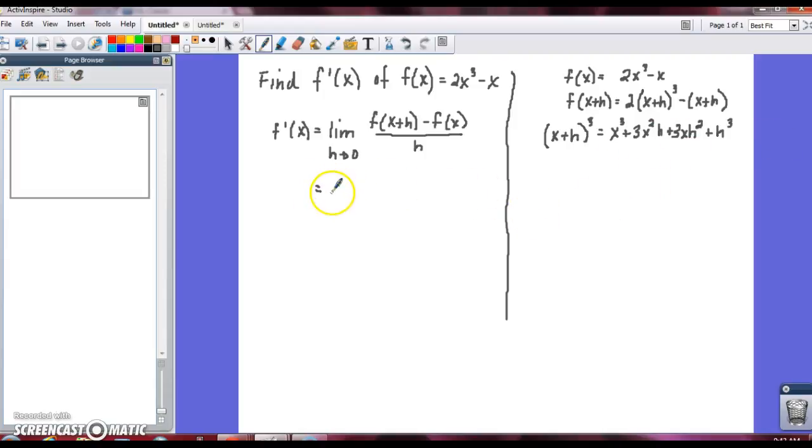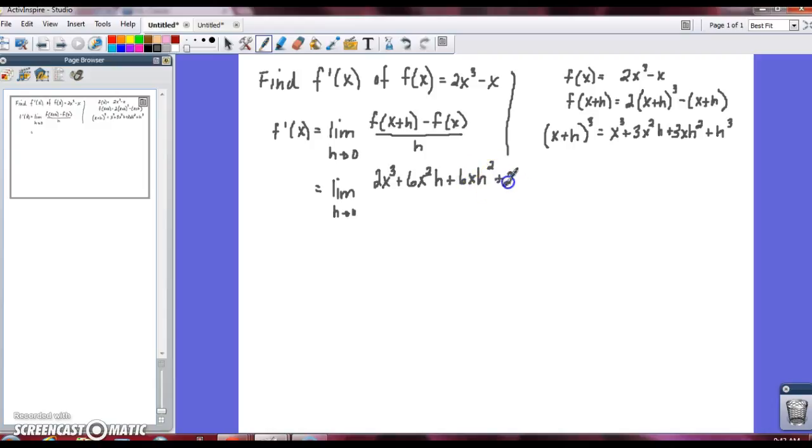So in our case here, we have the limit. I'm going to erase this line. We have the limit as h goes to 0 of 2 times all of this. So I'm going to combine this all into one step. So I have 2x cubed plus 6x squared h plus 6xh squared plus 2h cubed.